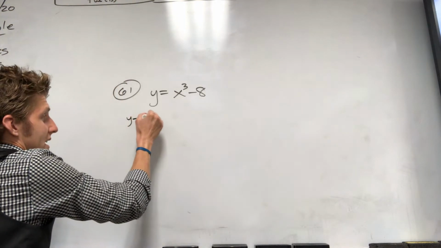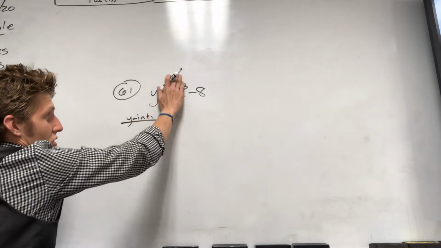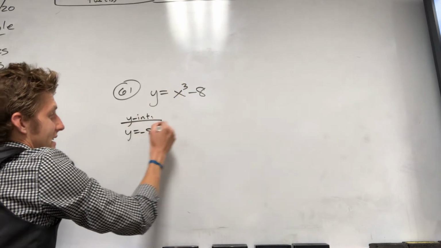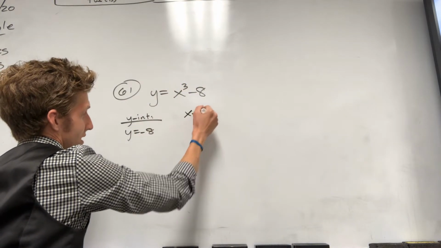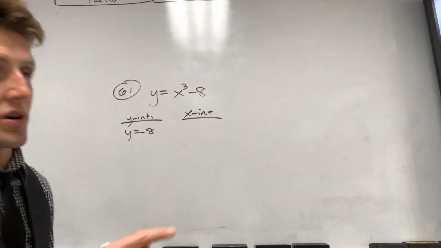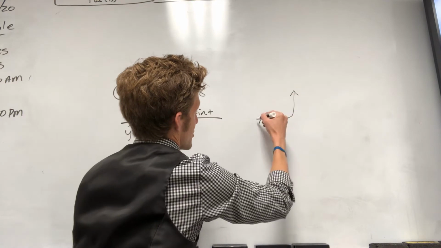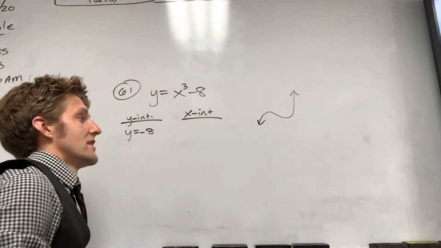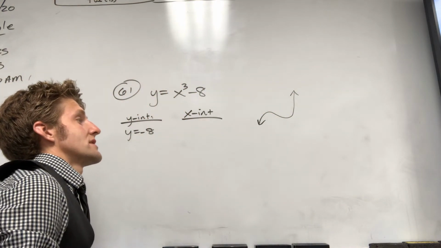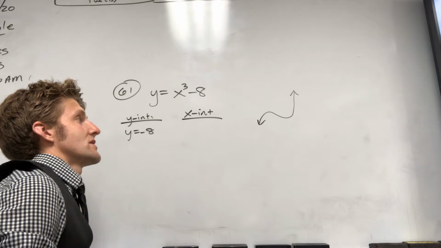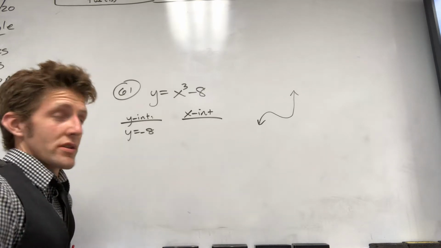The y-intercept is when x is 0, so again, negative 8. Now, this will cross the x-axis one time. It is this function, the cubic, only it is crossing the x-axis once. I'll show you why quickly in a second.